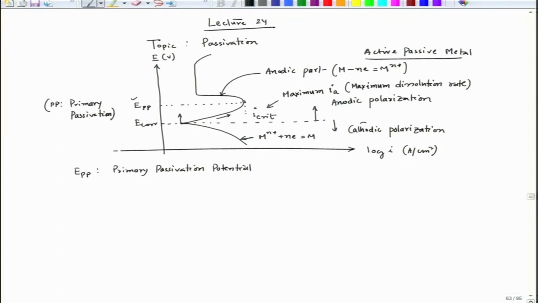Now, if we further increase the potential, we would see that the graph takes a left turn, moving this way, and it reaches a point which is another important critical point, which we call E CP. E CP means complete passive potential, or complete passivation potential.